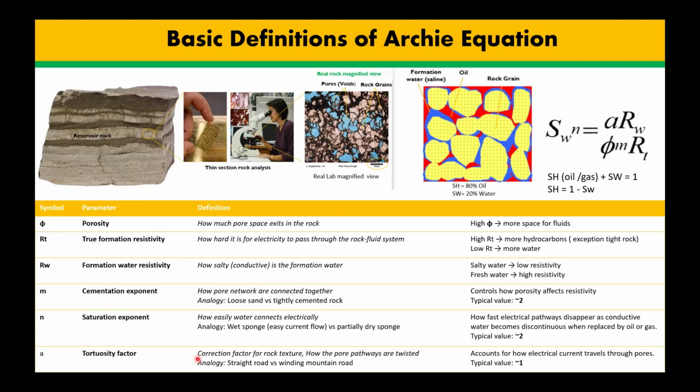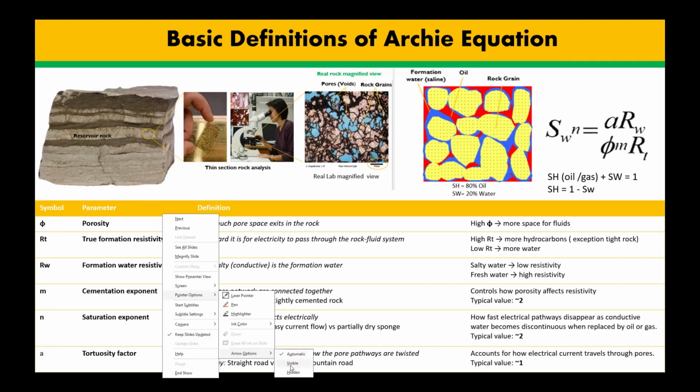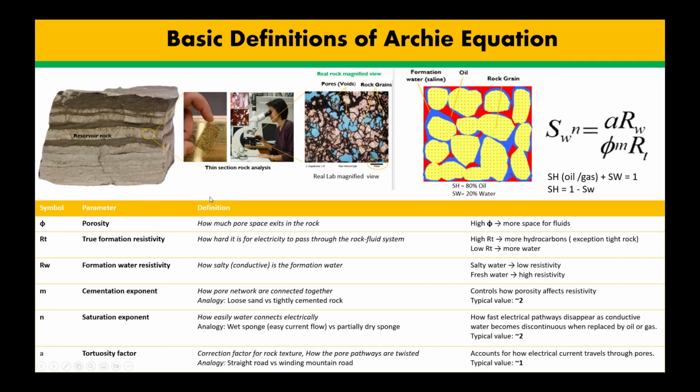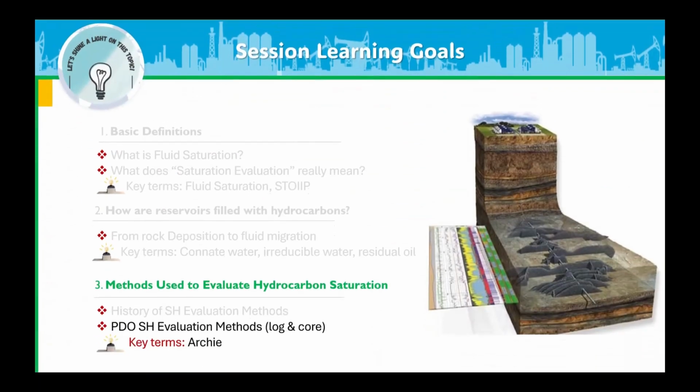And a is the tortuosity factor. In most cases we don't have these parameters, so we use assumed parameters. Sometimes we can measure them, but to measure them we need to do other workflows. Because I'm talking to non-petrophysicists, I don't want to go into the details of all these parameter derivations.